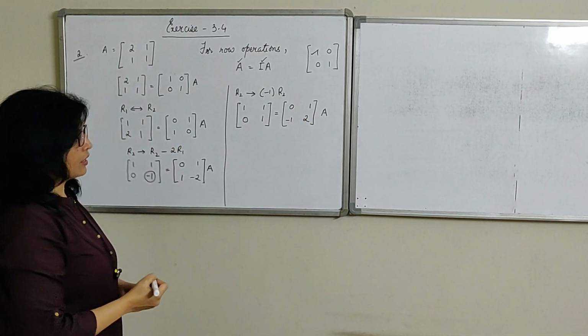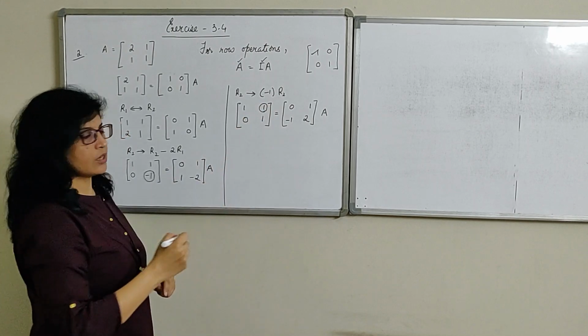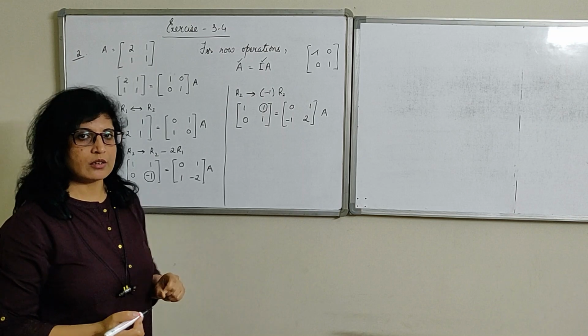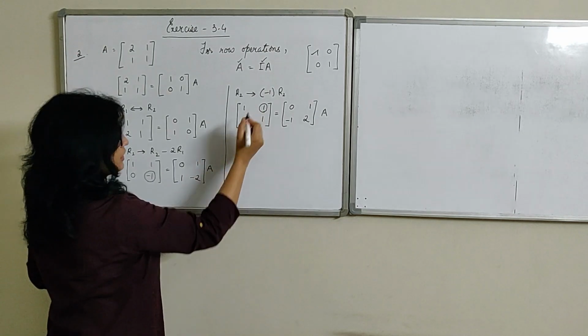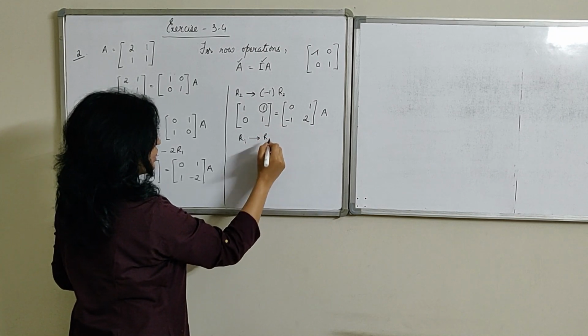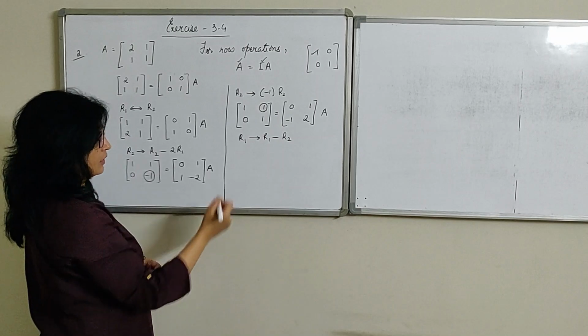Now this element has to be converted to a 0. Then this matrix will convert into an identity matrix. This element is present in row 1. So some changes in row 1 with respect to elements of row 2.